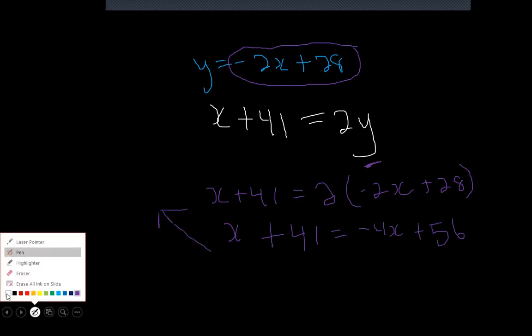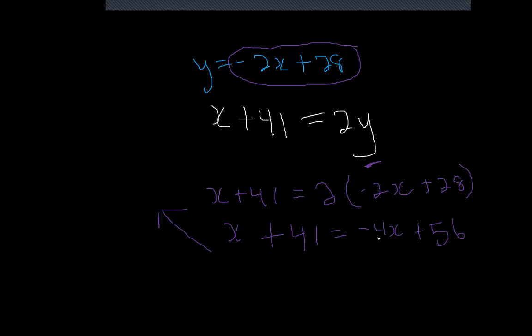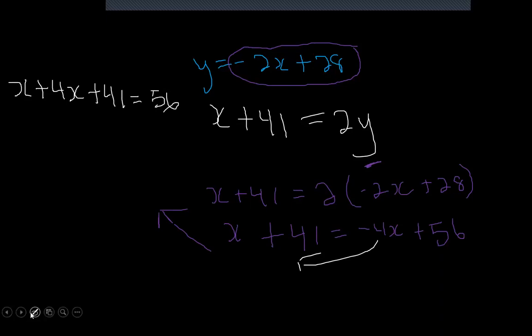So I could bring this minus 4x across here. So it becomes x plus 4x plus 41 is equal to 56. And then I could carry across this 41 here to get x plus 4x is equal to 56.